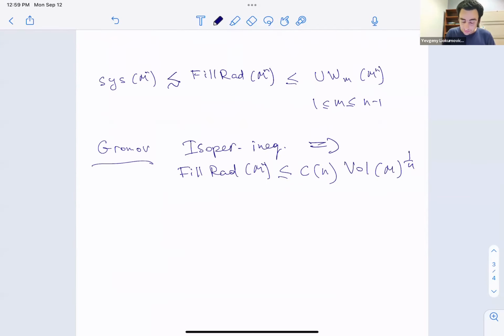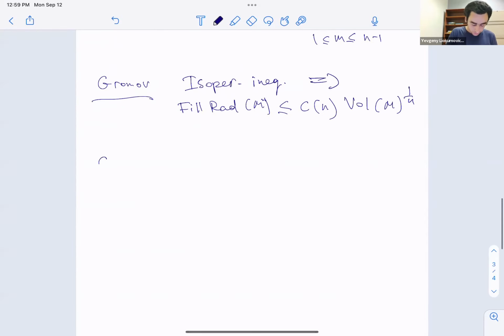And then he conjectured that a similar inequality also holds for the n-1 dimensional Urysohn width. And that was later proved by Larry Guth.